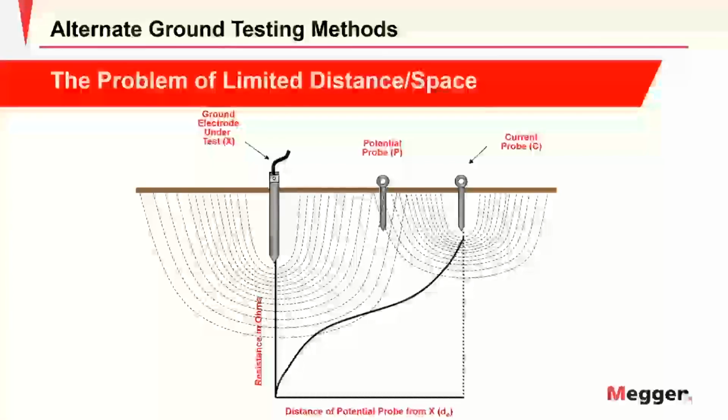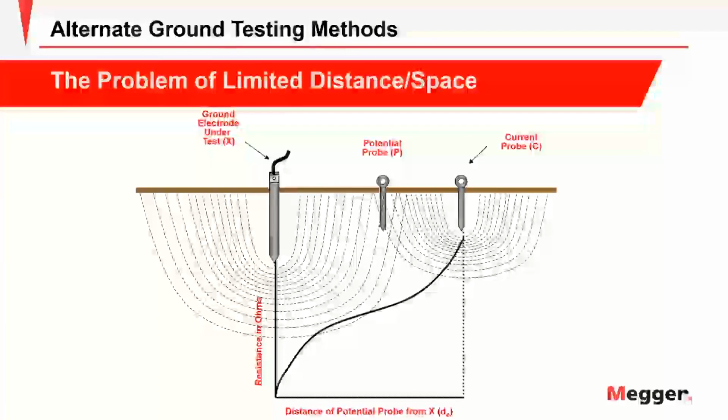And so if you're working in tight environs, your current probe will also have its own hemisphere around it. And if that overlaps with what you're trying to measure, then let's say you're trying to do a fall-of-potential test and you're plotting your measurements and you just see a line that keeps going up like this, you can't submit that as a test result.